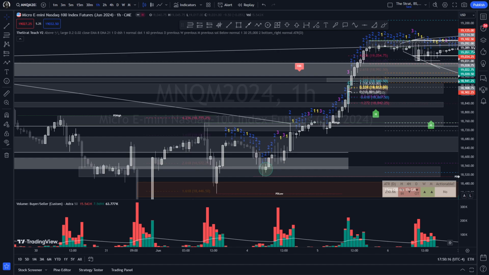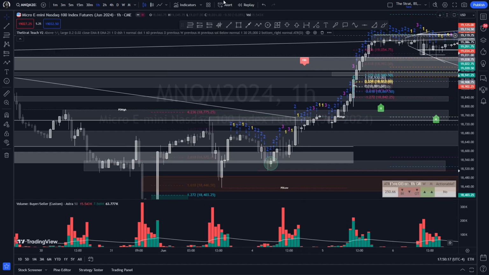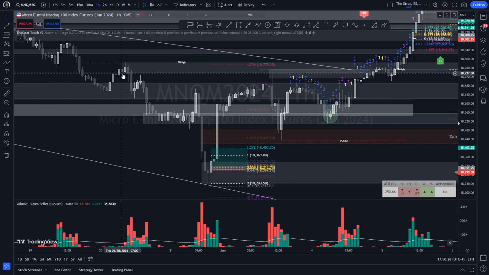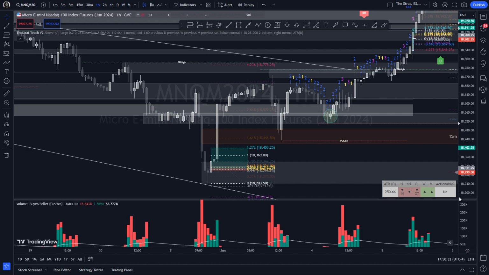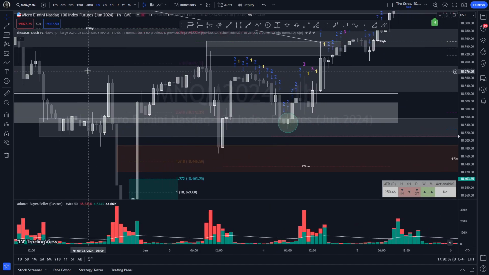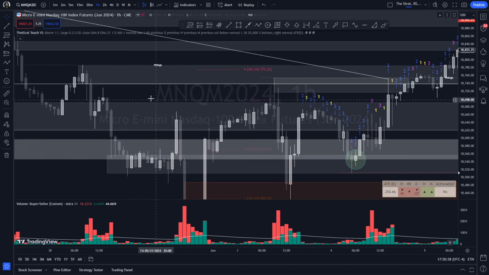What I'm looking for, this indicator doesn't go as far back, but I can just eyeball it and see if I can find you another three. Let's see. Okay, I think I found one. So here's another three right here.